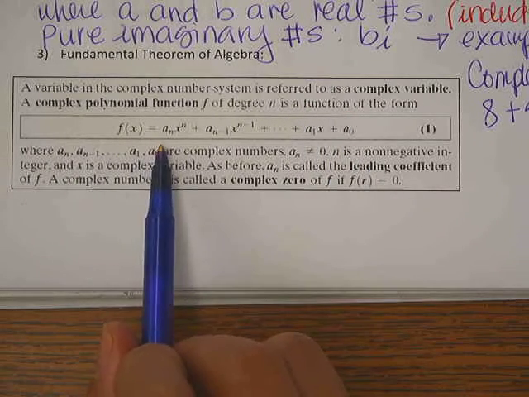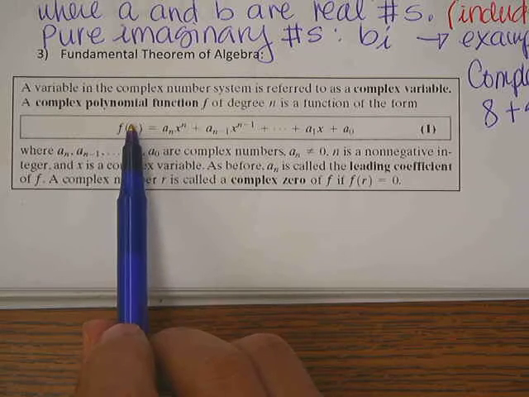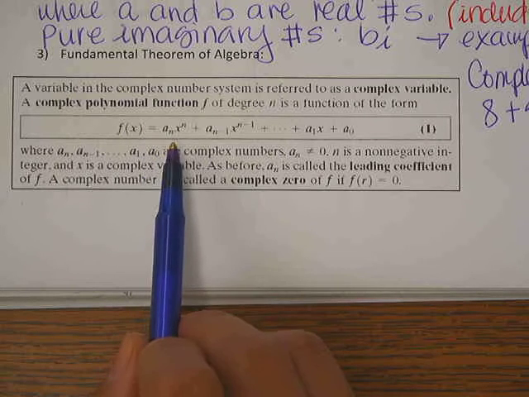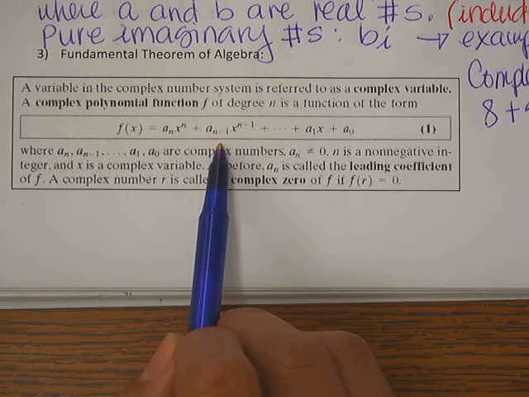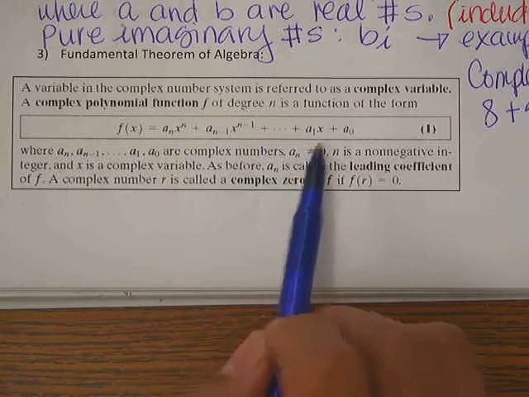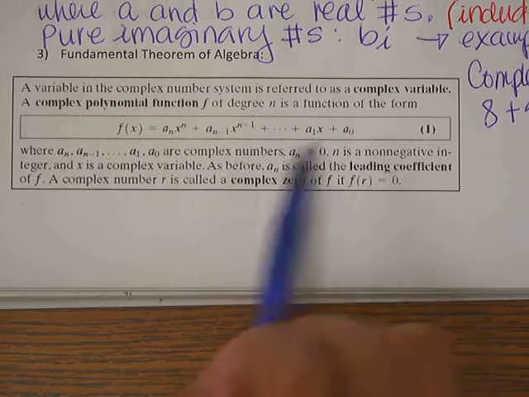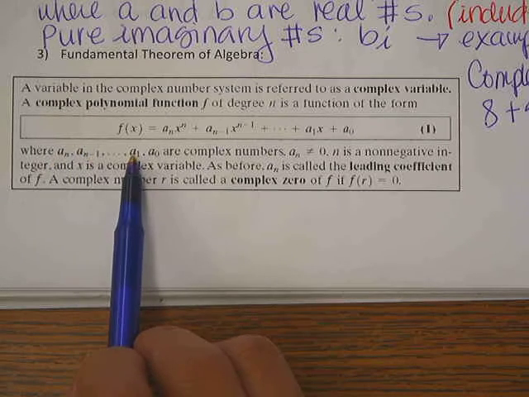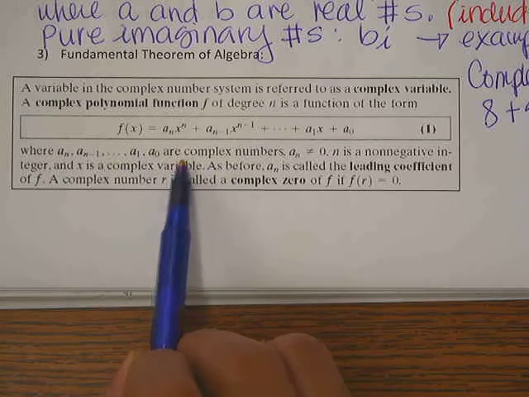Now, this form is exactly the same form as any normal polynomial function, so there's no difference here. f of x equals a sub n times x to the power of n plus a sub n minus 1 times x to the power of n minus 1 plus ... plus a sub 1 times x plus a sub 0, where a sub n, a sub n minus 1, a sub 1, a sub 0, these are all the coefficients, are complex numbers.